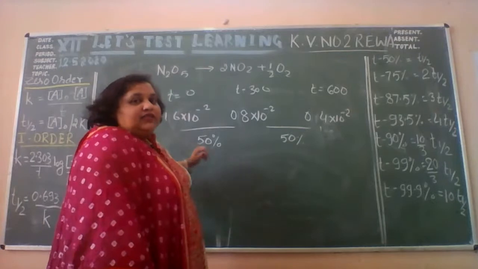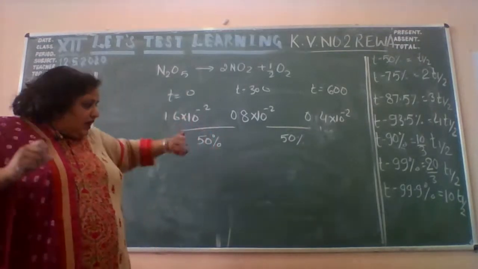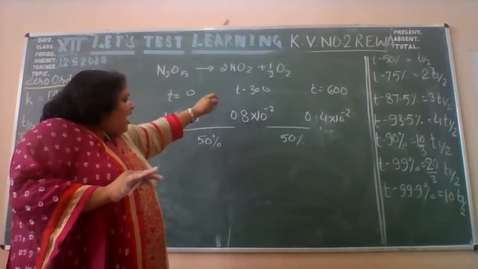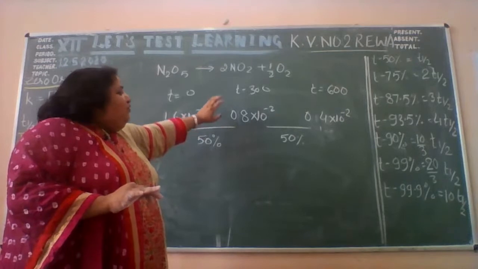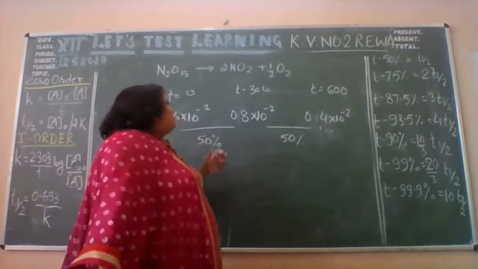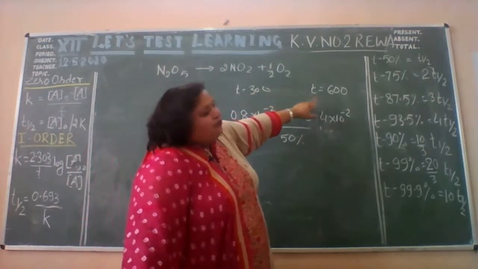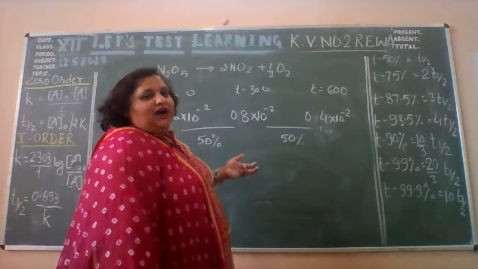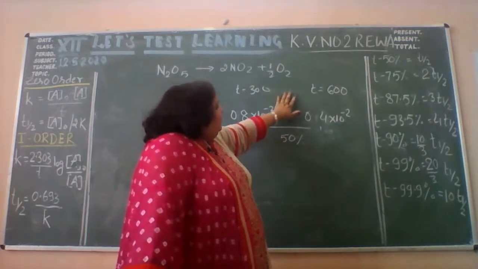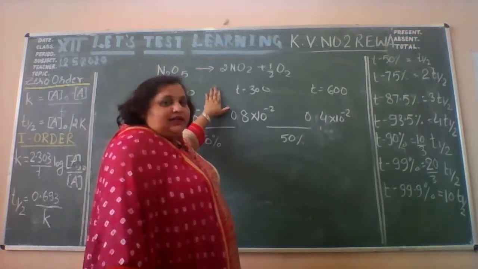Whenever this is, please remember, listen very carefully, all the learning of my chemical kinetics I have used here, right? Whenever for the same time interval, the time interval is also same. You can see here 0 to 300 minutes or second, whatever the unit I have taken in the question, 300 to 600. That means here also the time period is 300, here also the time period is 300.